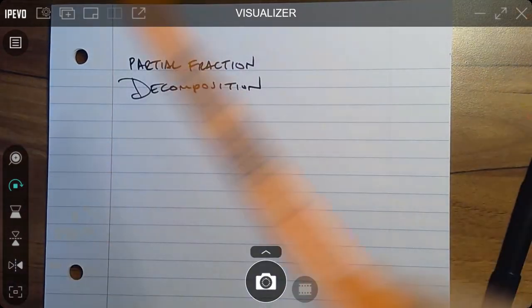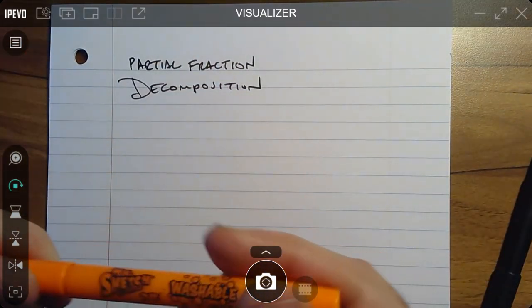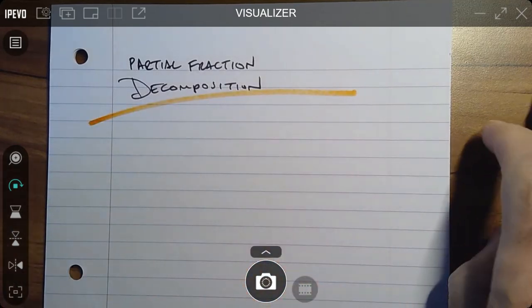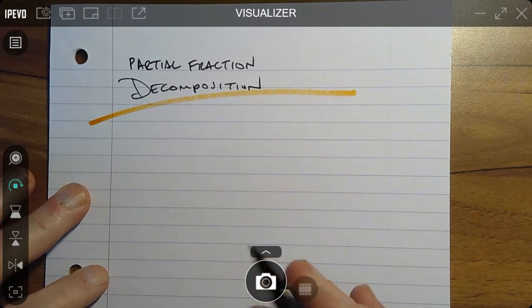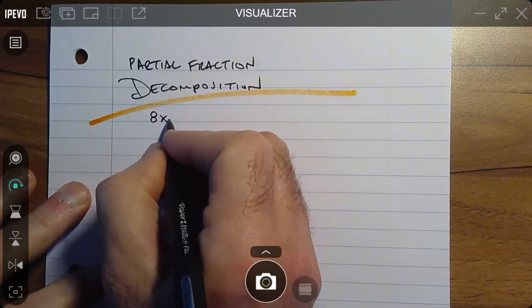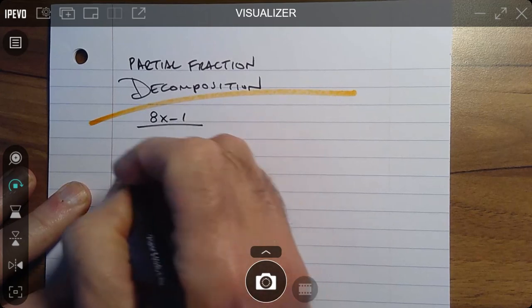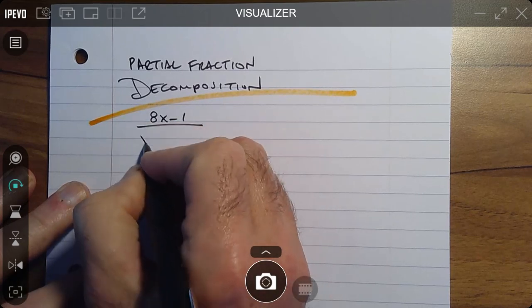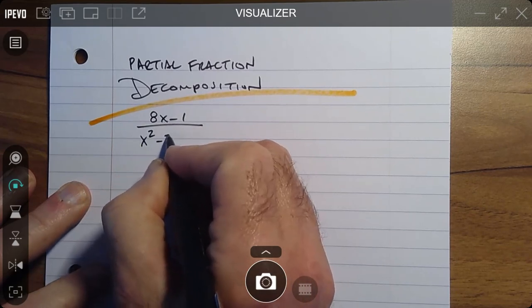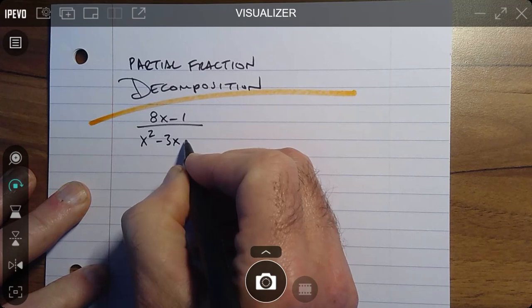A little highlight color here. What do we got? Not bad. Okay, so partial fraction decompositions, our task is to go from, say, for instance, 8x minus 1 over x squared minus 3x minus 28.